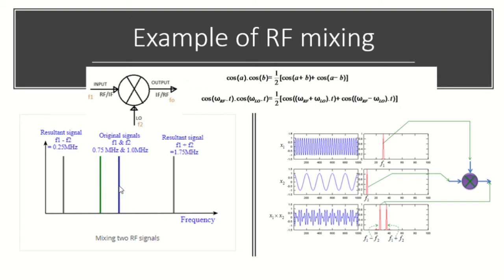So if these two signal memasuki mixer ini, so output adalah F1 plus F2 dan juga F1 minus F2. So F1 minus F2 kamu akan dapat 0.25 MHz, dan F1 plus F2 kamu akan dapat 1.75 MHz. So kita ada dua spektrum sini. So ini dalam graf frekuensi domain lah.